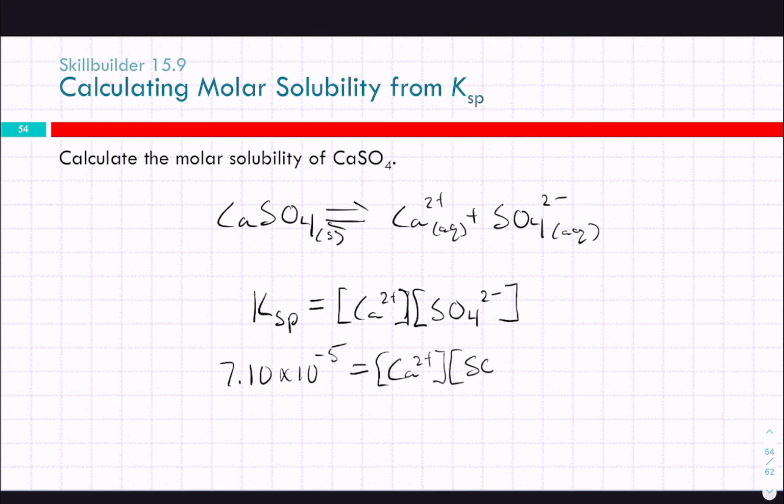All right, if we're doing the same thing again, we replace these with S, and then we'll have S squared equals 7.10 times 10 to the minus 5. So we can take this to the 1/2, or square root.